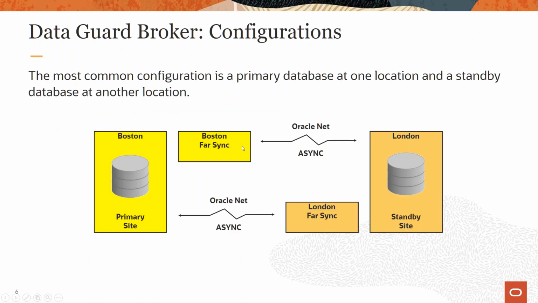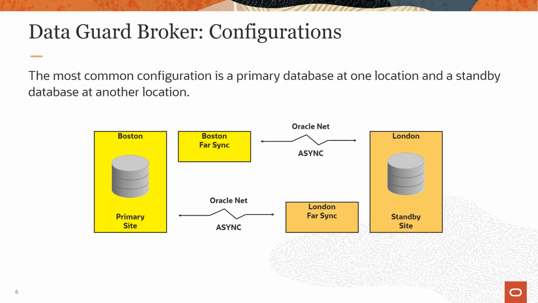So let's take a look at the most common configuration in the Data Guard environment. The most common configuration is having one primary database, one standby database, two-site Data Guard configuration. This is the most common case. But as an option, and also based on your requirement, you can add more component.